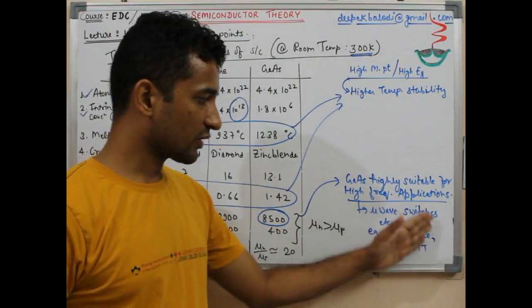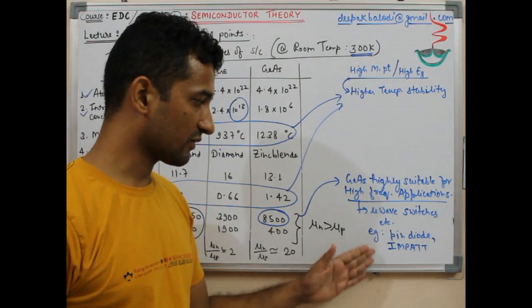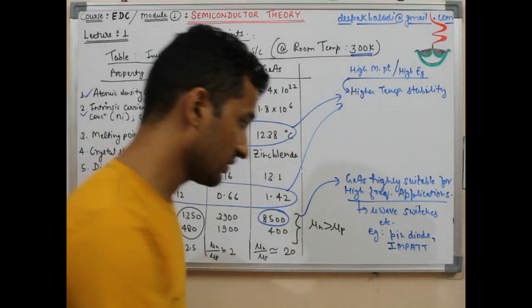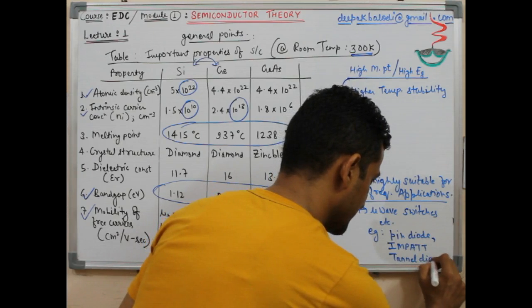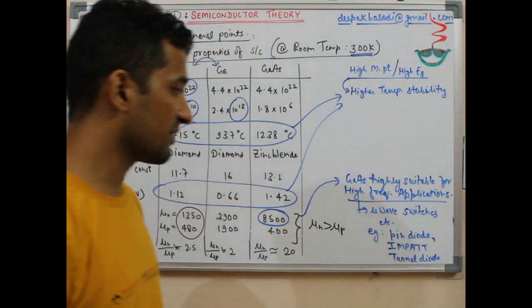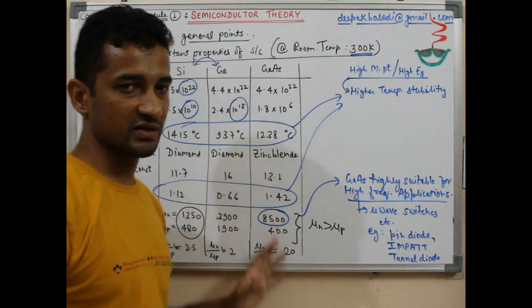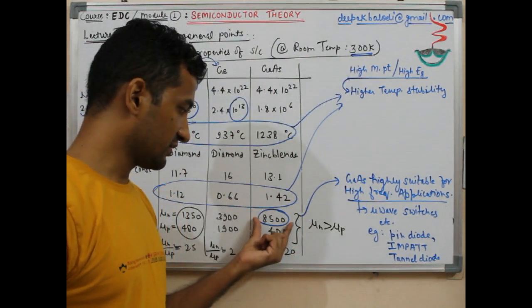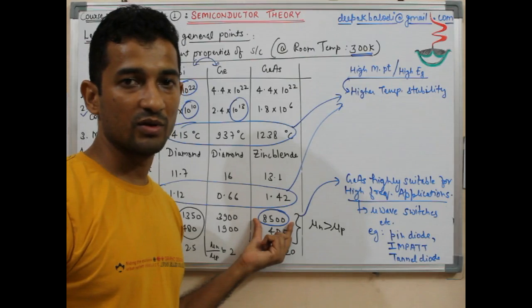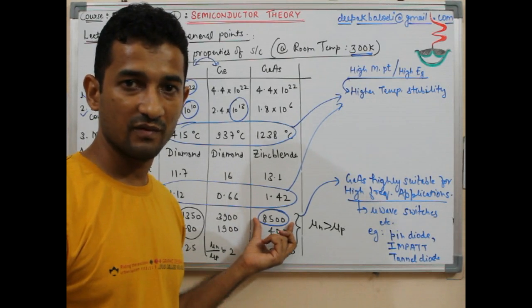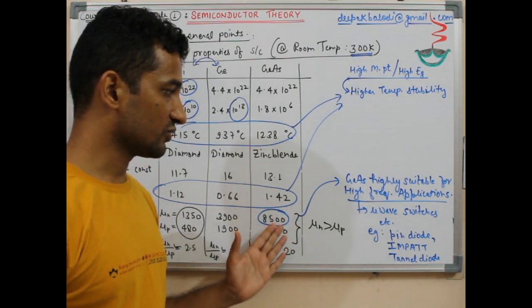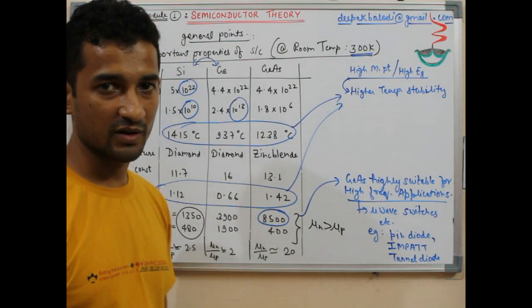But for microwave applications, as well as tunnel diode, all these devices are generally or dominantly made of the material gallium arsenide, because of the very, very high mobility of electrons. They can move very rapidly, they can respond at a very fast pace. So this material is highly suitable for that.